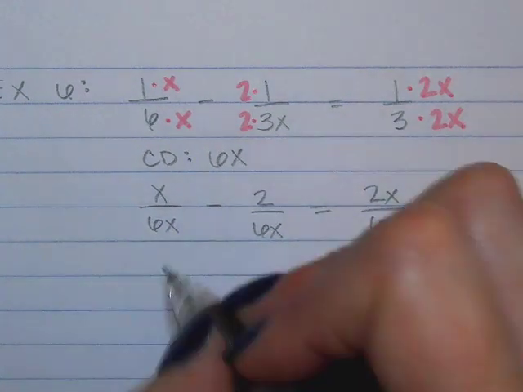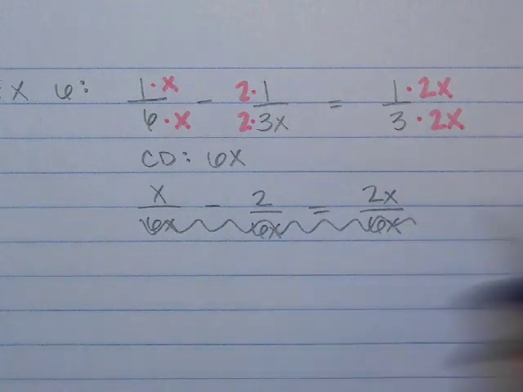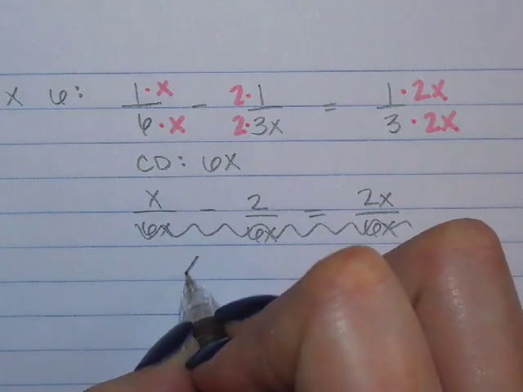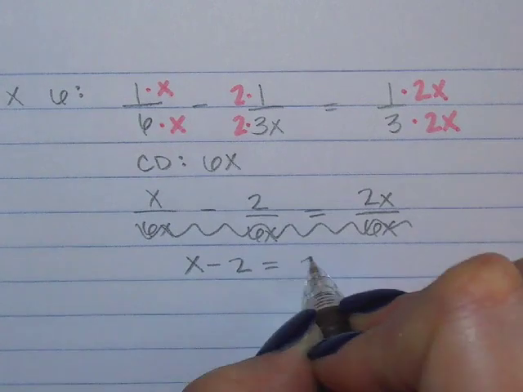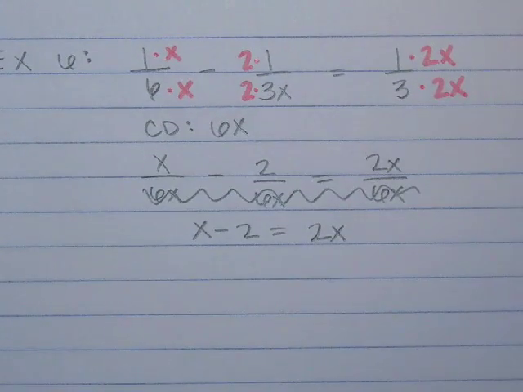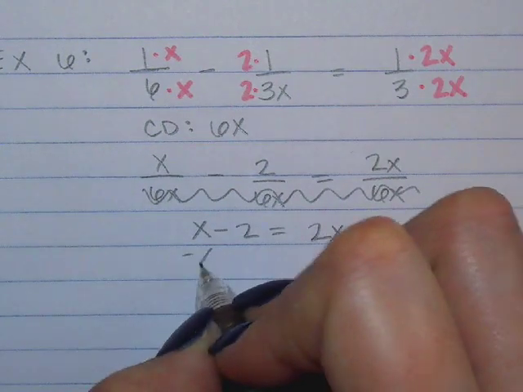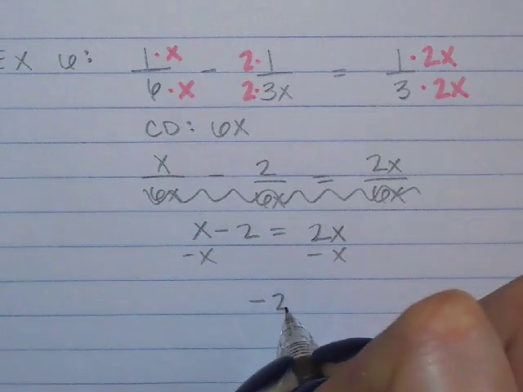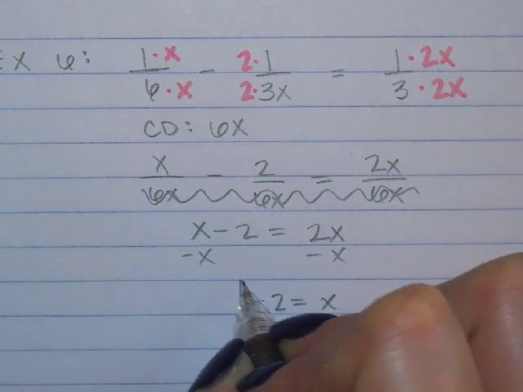I get rid of them. I don't need them anymore. Okay, so the equation I have is x minus 2 equals 2x. So minus x, negative 2 equals x, and we're done.